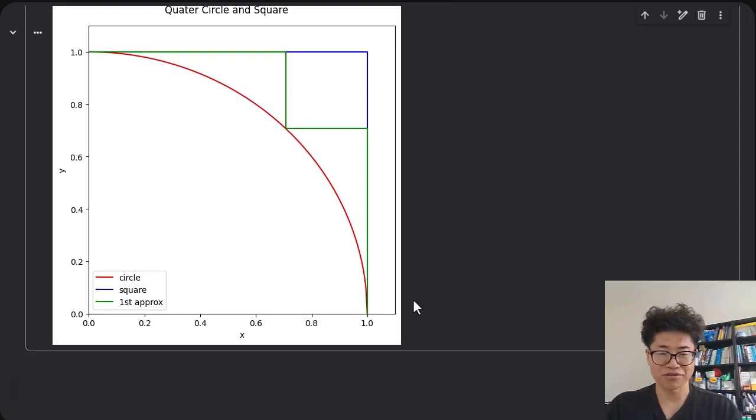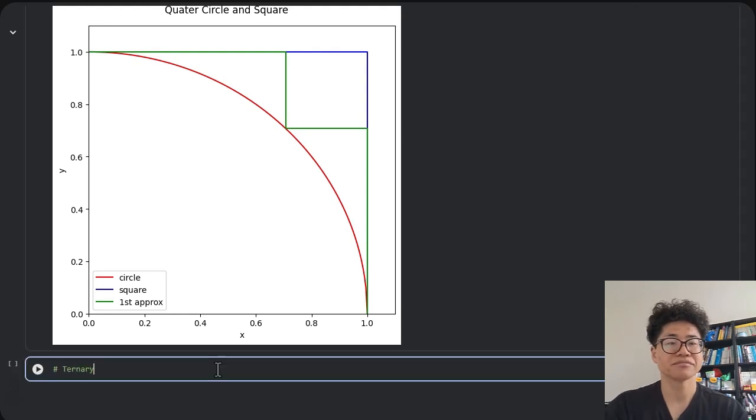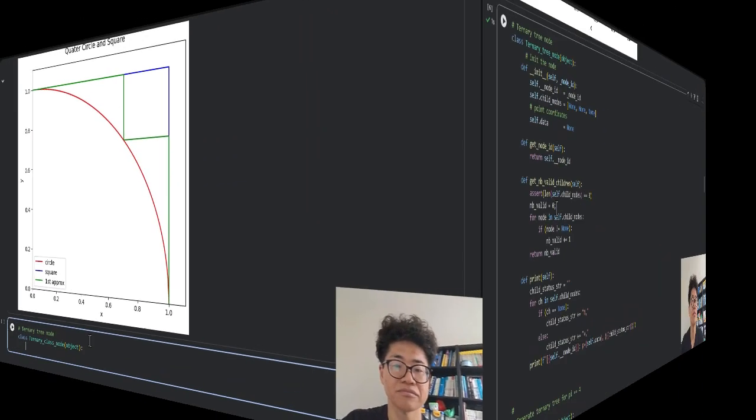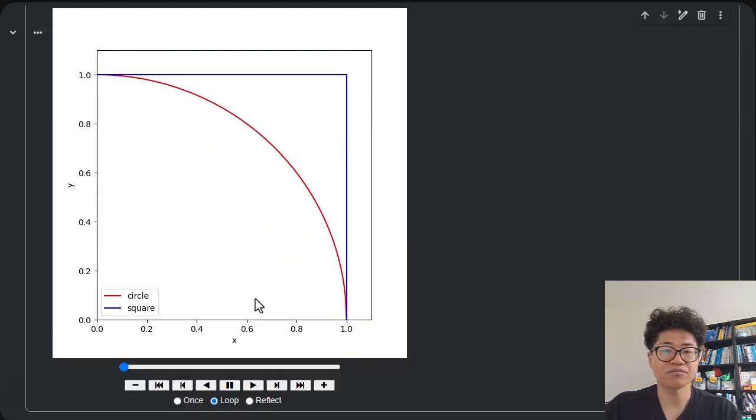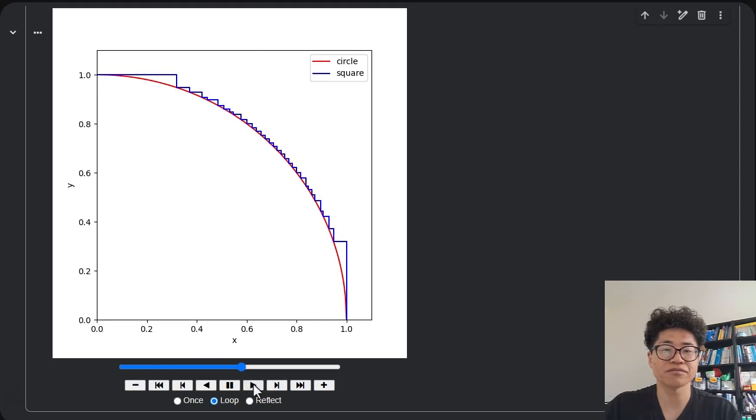Then let's implement it. But this time it will take long, so I will cut to the result. Okay, here's the implementation. This is level 0 approximation, so nothing there, and level 1, 2, 3, 4, 5. Every time I only fold the square, therefore the length is not changed, and I can calculate what is the length of the blue line.